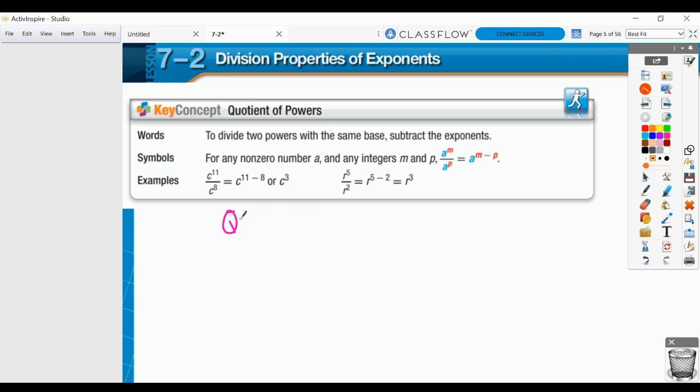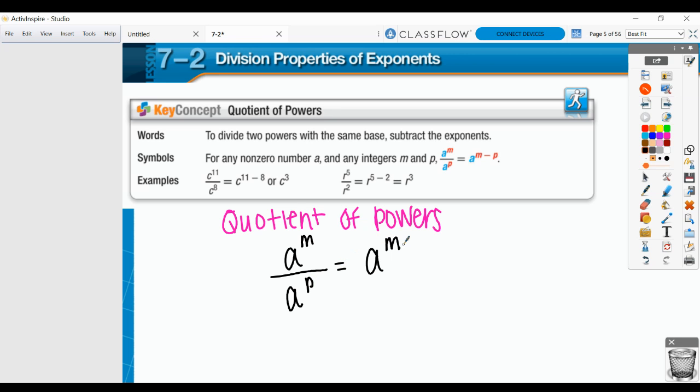So the definition is if you had a variable raised to another variable, and you're dividing by the same base, then you subtract the exponents.